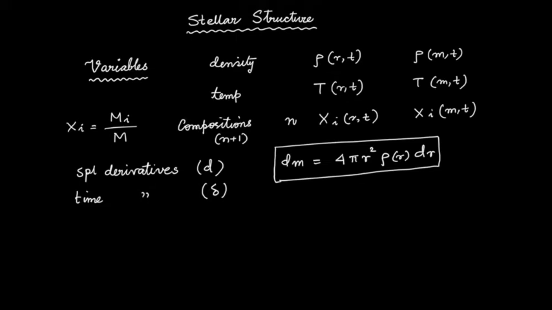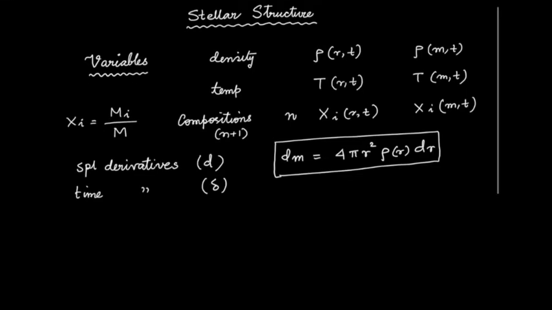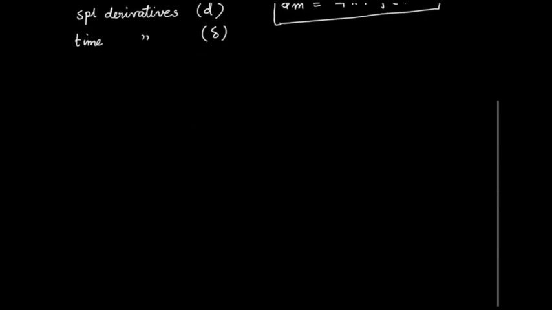Okay, so now we want to see how these quantities evolve. And how do we get to that? We use the conservation laws. So the first conservation law we use is conservation of energy.